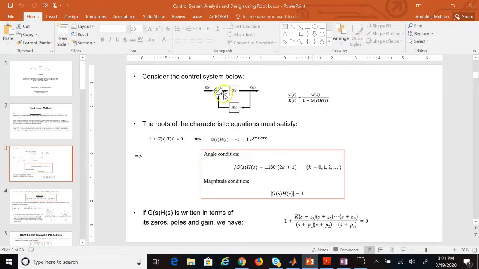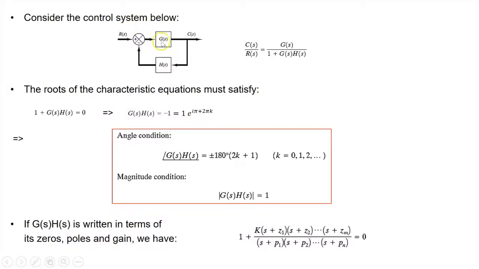So here we imagine that we have a system with a feed-forward transfer function G and a feedback H. The closed loop transfer function is, of course, G over 1 plus GH, assuming that the feedback is negative. And the part that we care about is the denominator, which is 1 plus G times H, right?